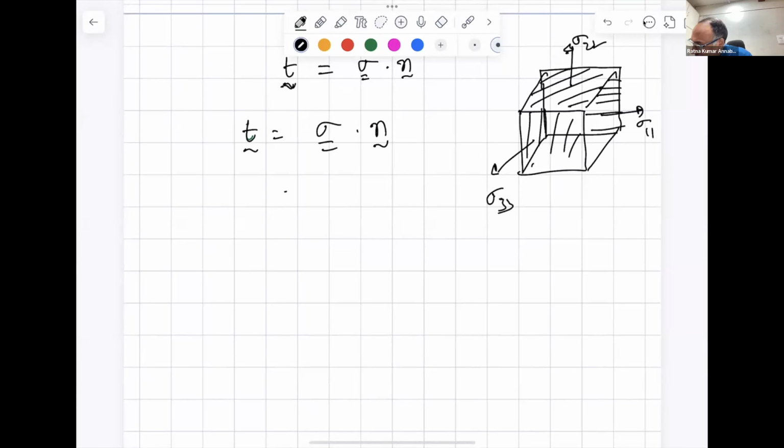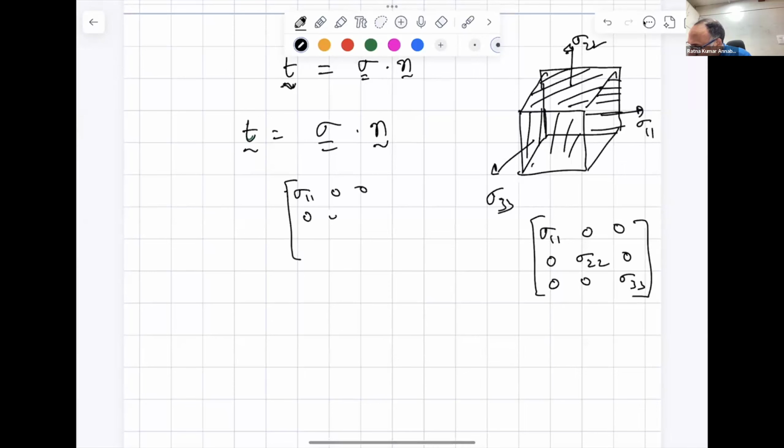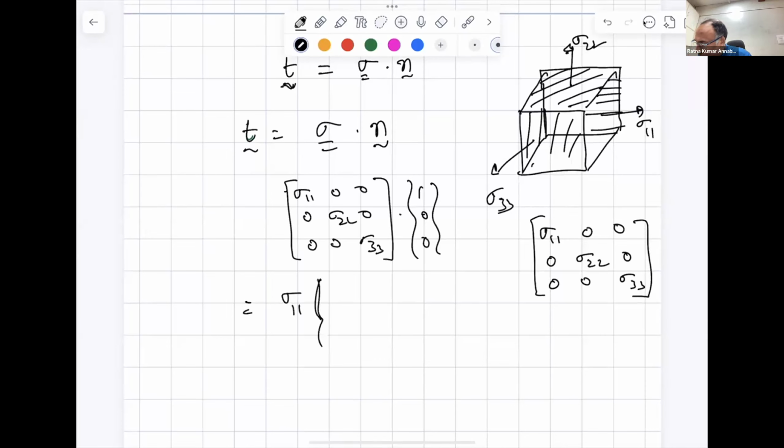So this stress state can be written as sigma 11 0 0, 0 sigma 22 0, 0 0 sigma 33. This is what we call the principal state of stress, because only normal stresses are there. If I find the dot product of that with 1 0 0, what do I get? Sigma 11 times 1 0 0. Do you agree or not?